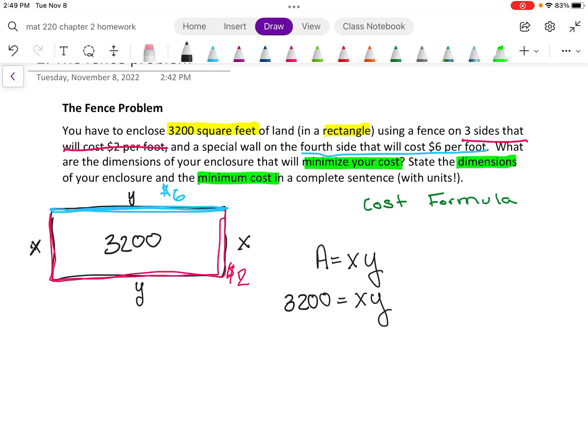So I'm minimizing the cost of fencing. Fencing goes around the outside of an object, which means I'm creating my cost formula using perimeter.